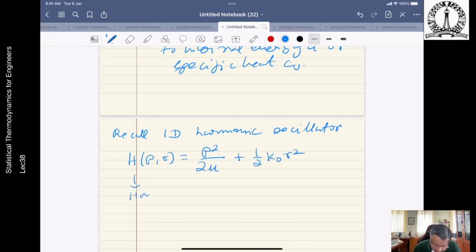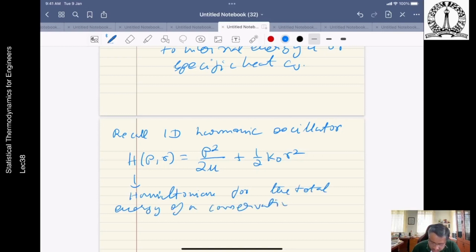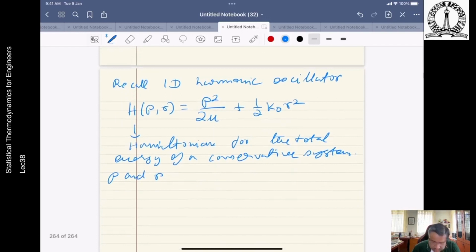This is the Hamiltonian for the total energy of a conservative system. p and r are momentum and position respectively.